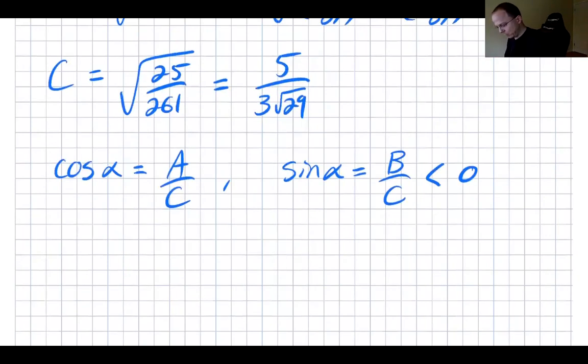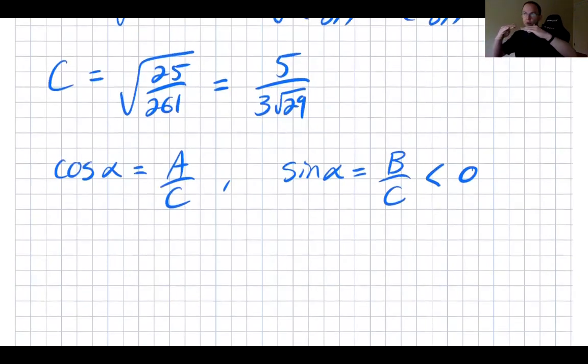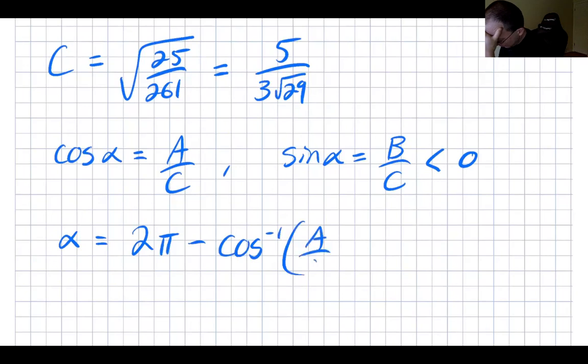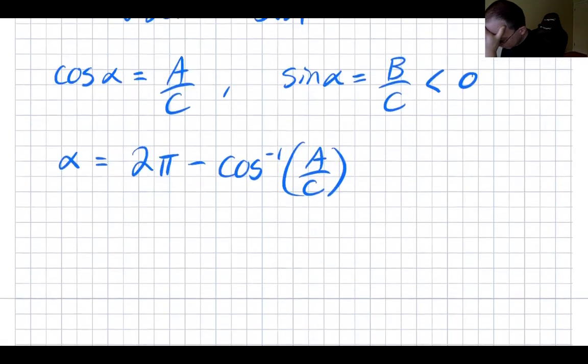And so therefore, we're going to be in the lower half of the unit circle. So the formula that we'll use for alpha is 2 pi minus the inverse cosine of A over C. Okay, so that's because sine of alpha is negative. That's why we use that formula. If sine was positive, then we would use just the cos inverse of A over C.